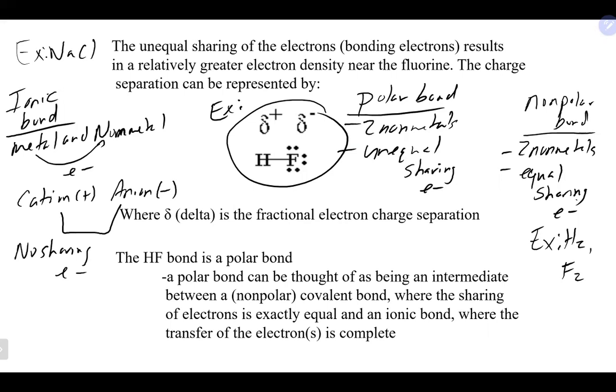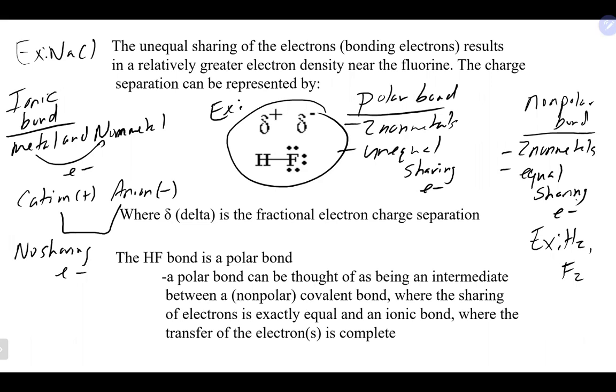So at one extreme, like we just talked about, is complete transfer, electrons going from one to the next, always with a metal and non-metal. On the other extreme, we've got two nonmetals that nicely share those electrons equally, creating a neutral bond, if you will. And in the middle, we don't have such equal sharing of electrons, but not such unequal sharing that they've traveled from one to the next.